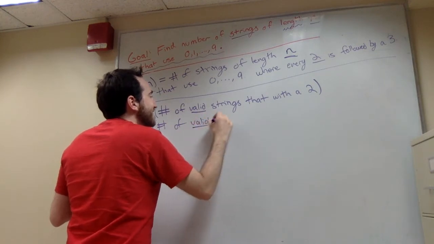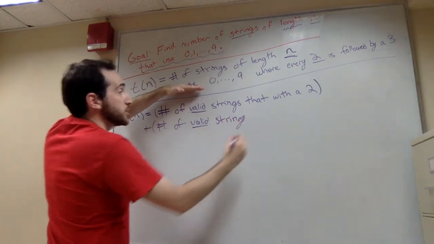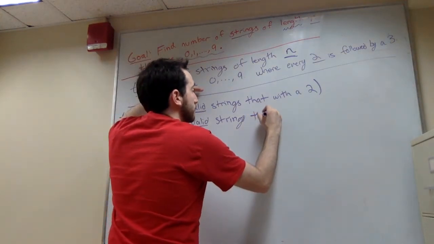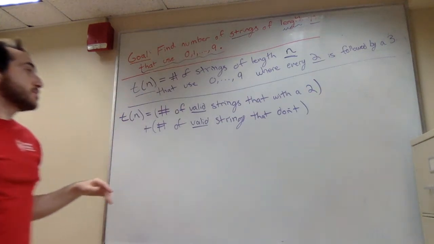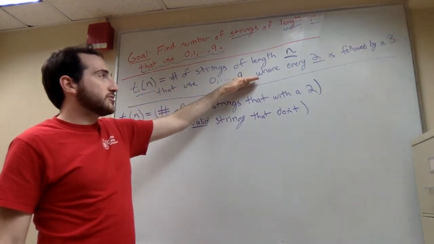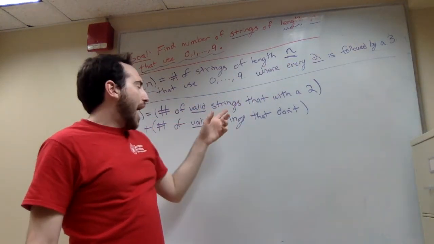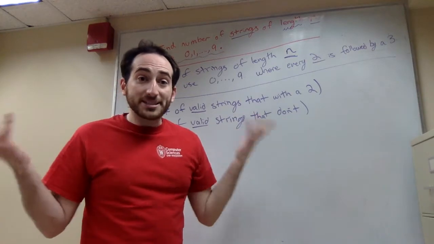So when I say valid, what I mean is that it satisfies this condition. Because my set of strings is all the ones that satisfy some condition, and so I want to say, okay, they either do or don't start with a 2. Those are all the possibilities, right?